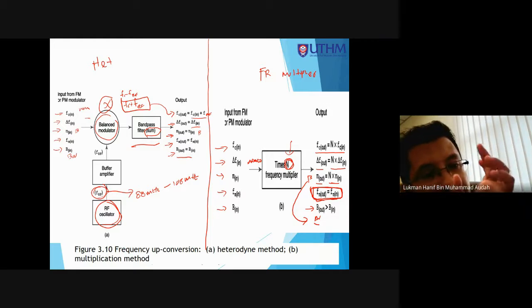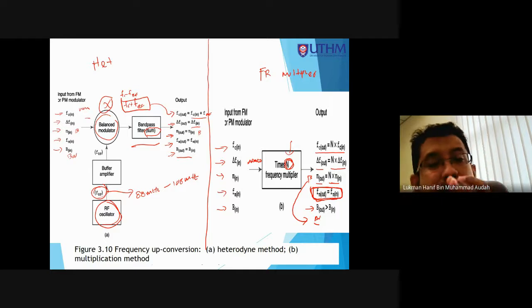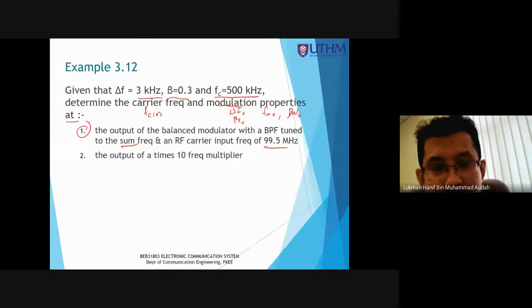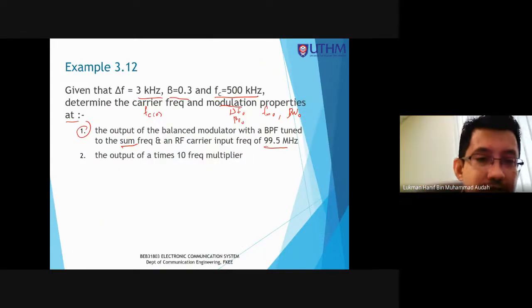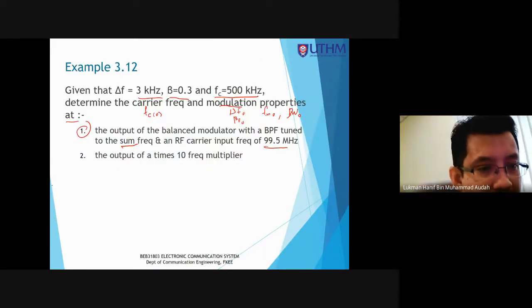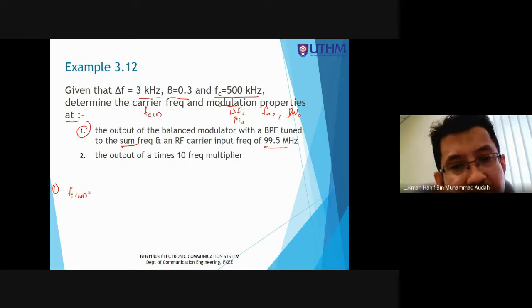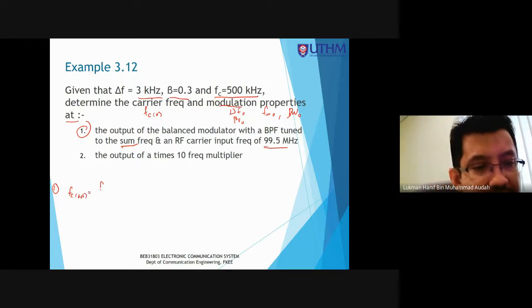So the bandpass filter will select the sum frequency, which is the upper sideband. Okay, so oleh itu untuk soalan satu, FC out is equal to, so we select the sum frequency. That means FC plus FRF.